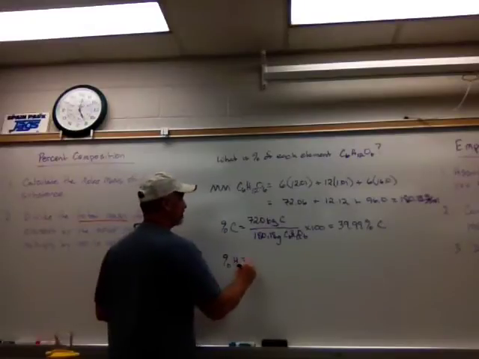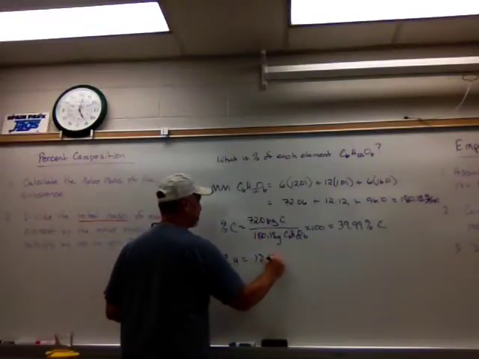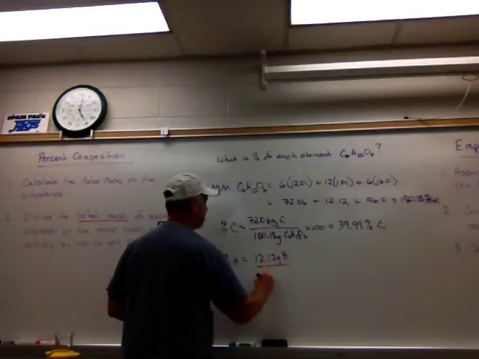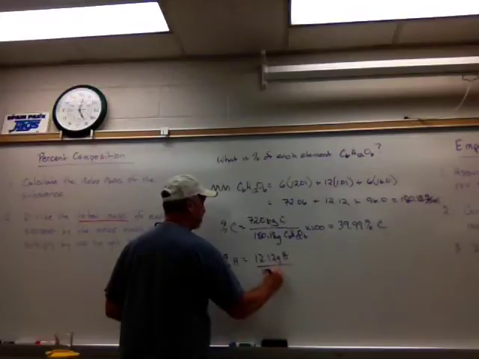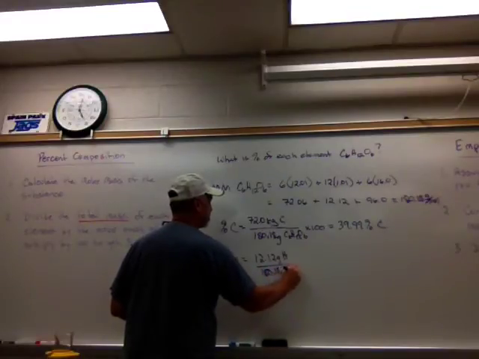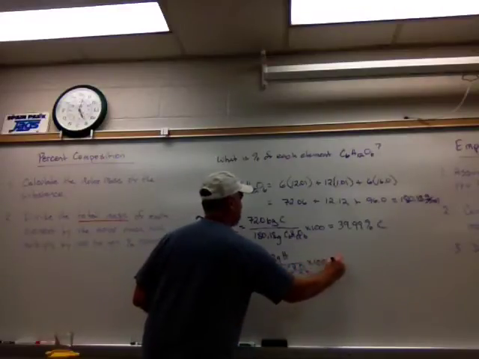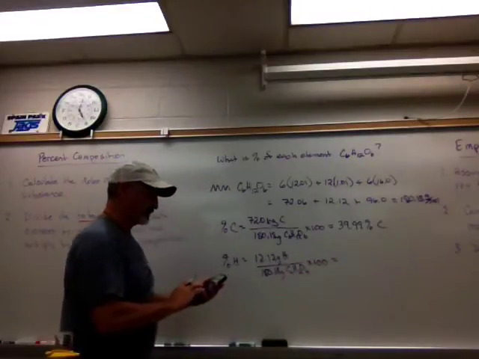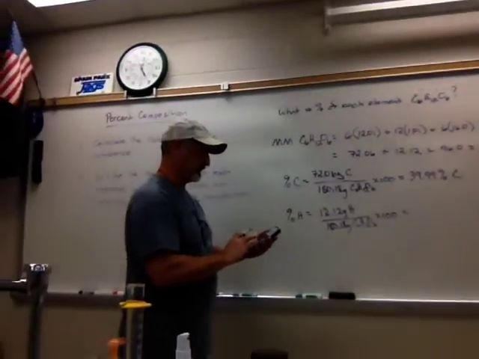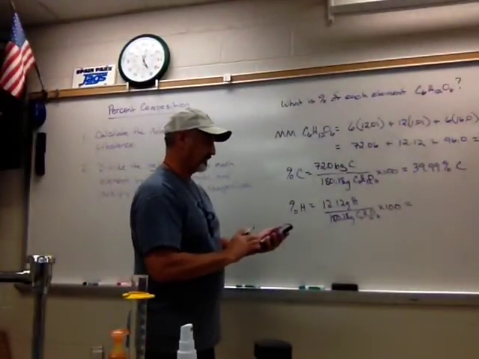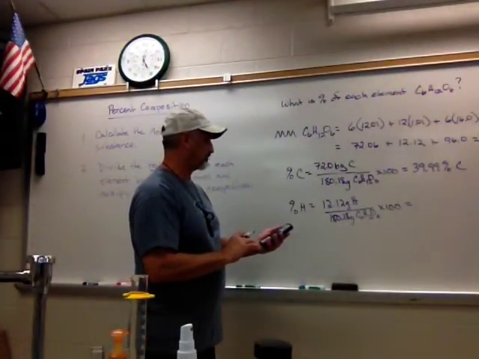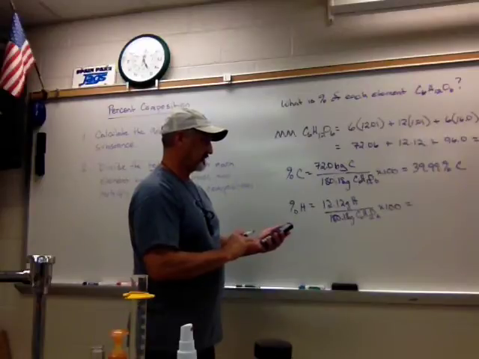Going to do the same thing for the hydrogen. That's going to equal 12.12 grams of hydrogen divided by the 180.18 grams of the C6H12O6 times 100. So we go 12.12 divided by 180.18. That comes out to 6.727.